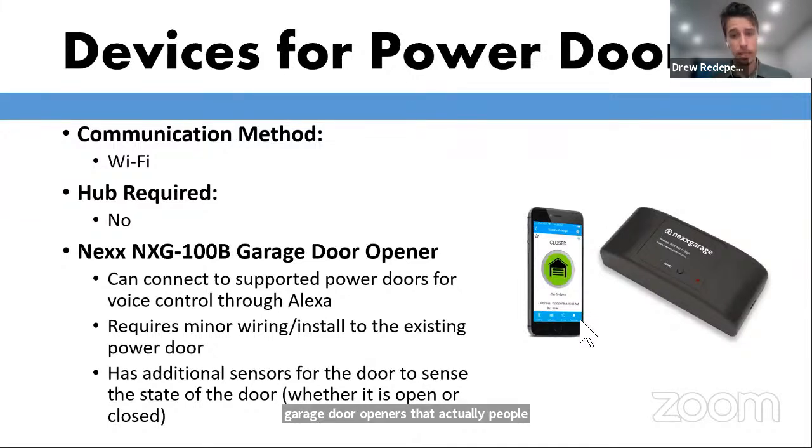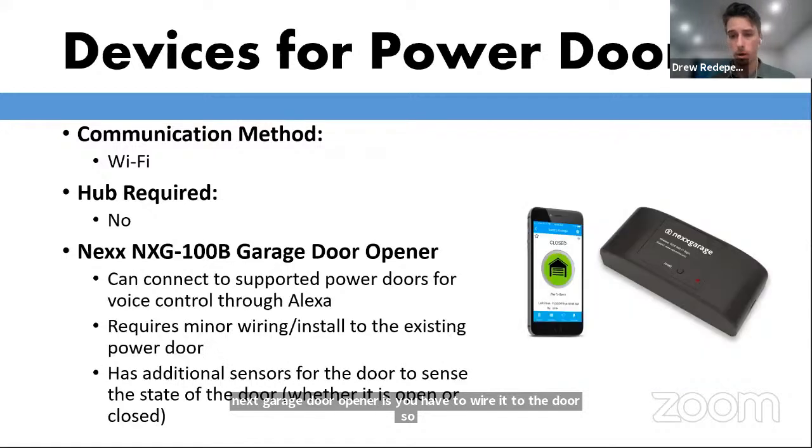But you can actually wire these directly to someone's power door, connect that to Alexa, and then open and close the power door by voice using Alexa. One downside of using the Nexx garage door opener is that you have to wire it to the door, so it does require a little bit of knowledge of how to wire a device to a power door.